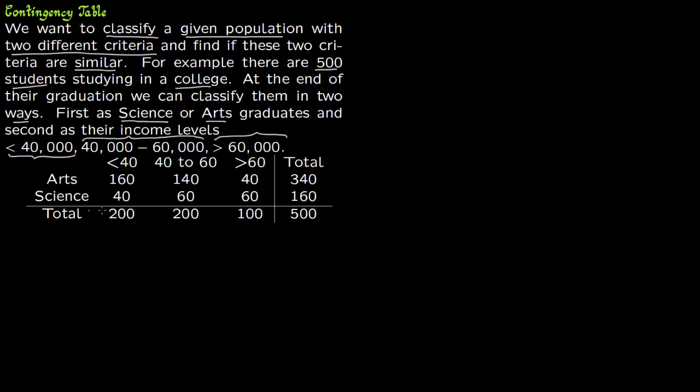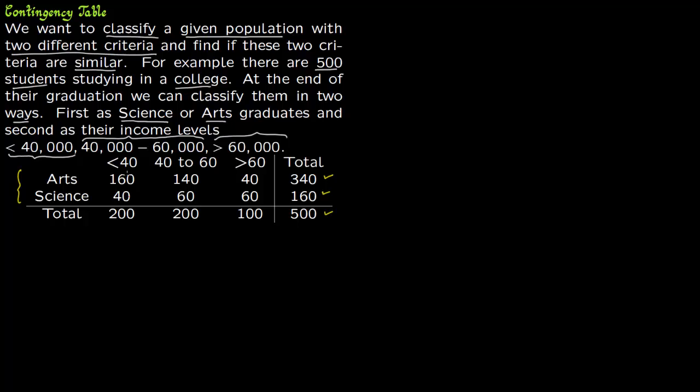So this is how a contingency table will look. You first have classification according to the stream. You could have arts, science, and if you want to add more classification, you can add law, engineering, and so on. The total students in arts is 340, total students in science is 160, and the total is 500.